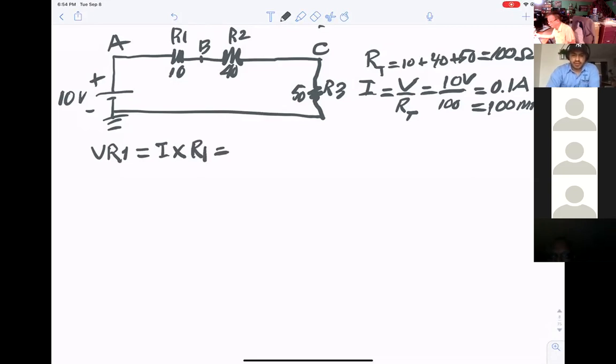When you use the Ohm's law formula, I times R has to be which R? So you get 0.1 times 10, which is 1 volt.